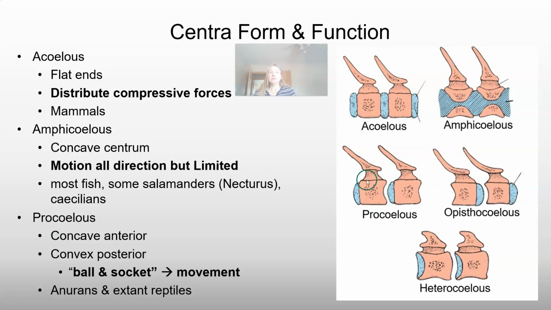All right, another vertebrae that we're going to look at is procoelous. This is where you have concave anteriorly, so this is the anterior side, and convex posteriorly. And then we have the blue, which is the intervertebral disc. So this allows a ball and socket type motion. Another joint that you have as ball and socket is your shoulder joint.